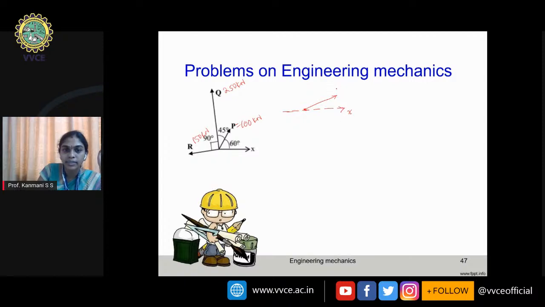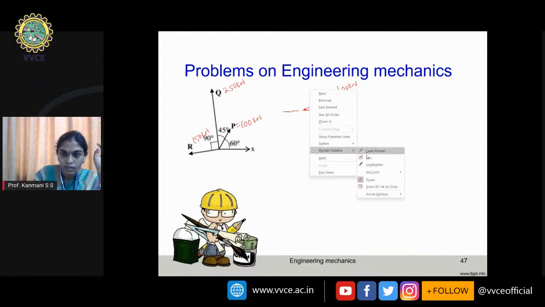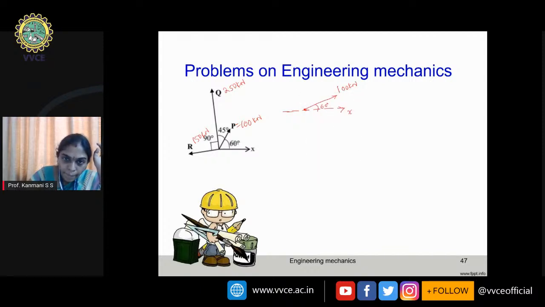See, x axis, this is force P. I'll straight away write as 100 kilonewton. This angle is given as 60 degree. Another force here is somewhere here like this. This is 250 kilonewton.